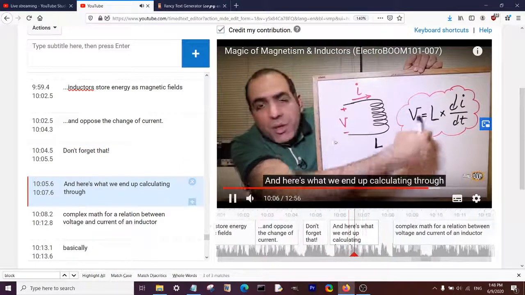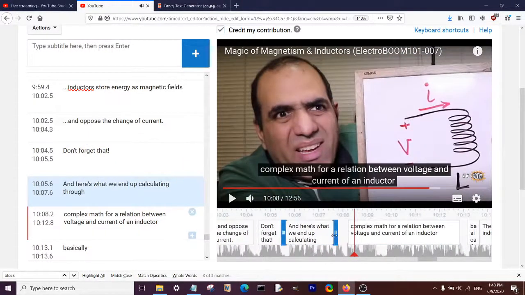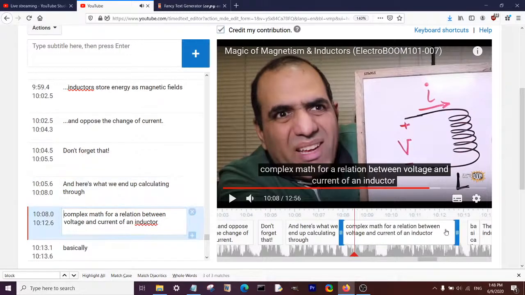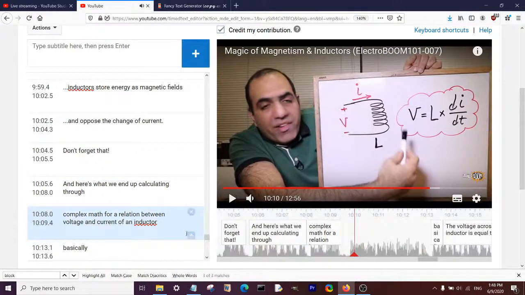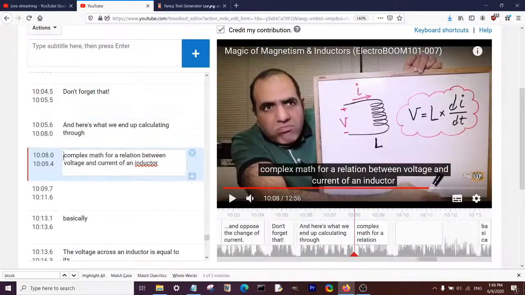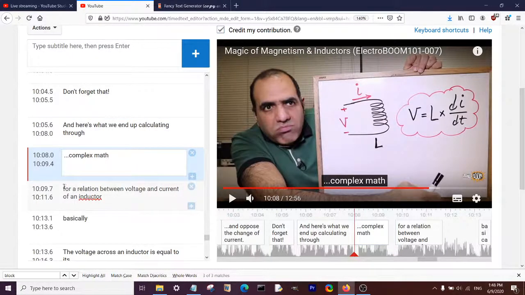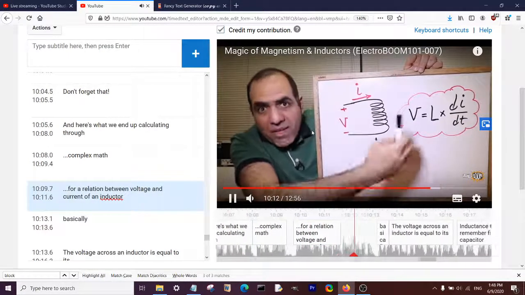And here's what we end up calculating through complex math for a relation between voltage and current of an inductor.